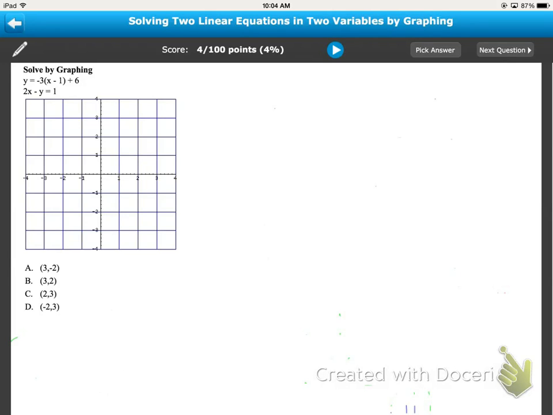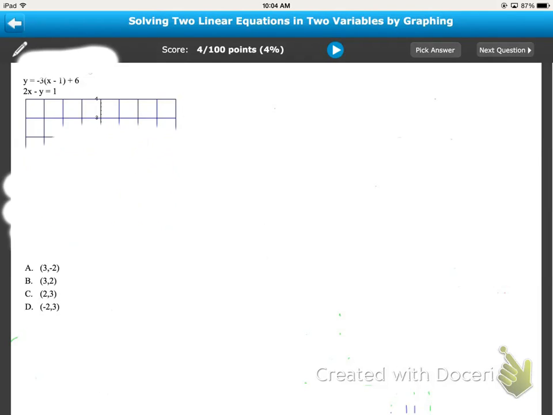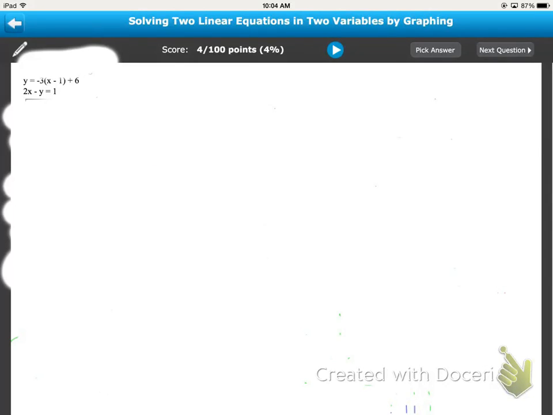Instead of solving by graphing, we're going to solve it using substitution.